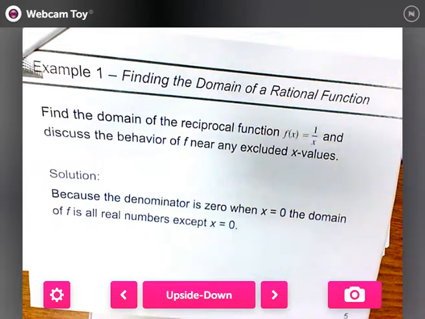Just want to make sure everybody gets this written down that wants this down, and then we're going to transition to our other notes and talk about domains.